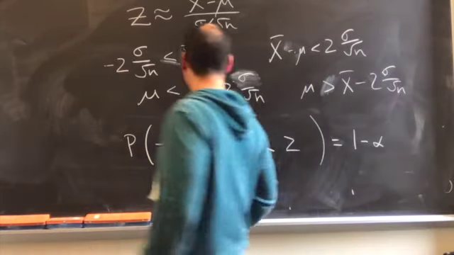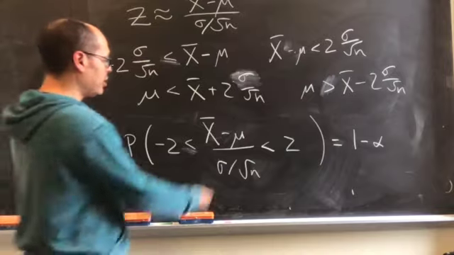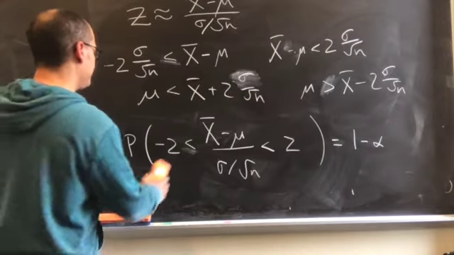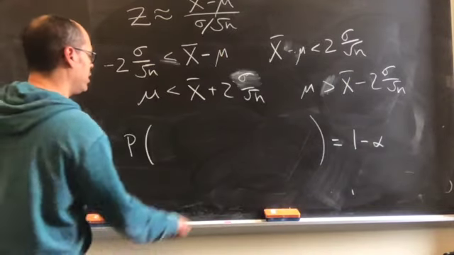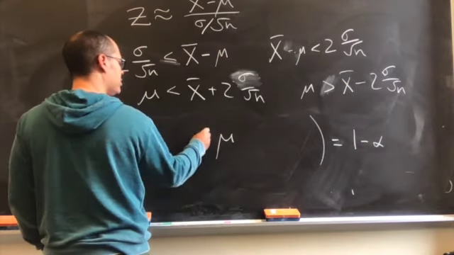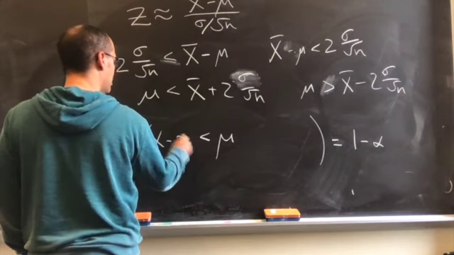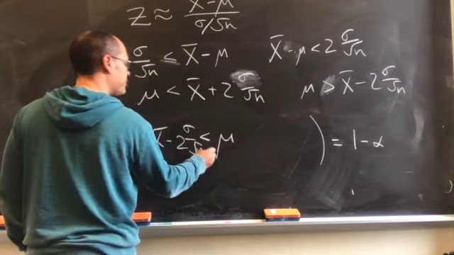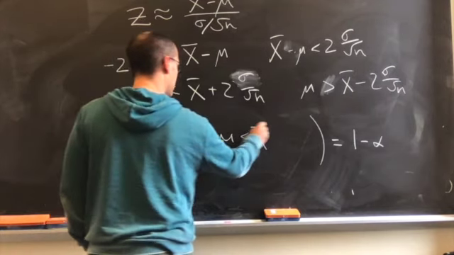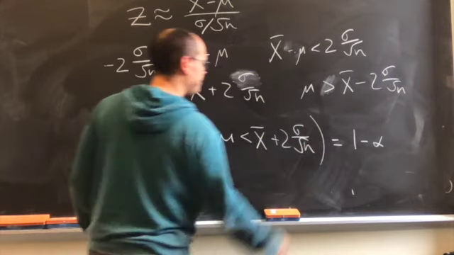So this is really the same set of inequalities. If I use that to rewrite this, then with that same amount of certainty, mu is between X bar minus 2 sigma over root n and X bar plus 2 sigma over root n.